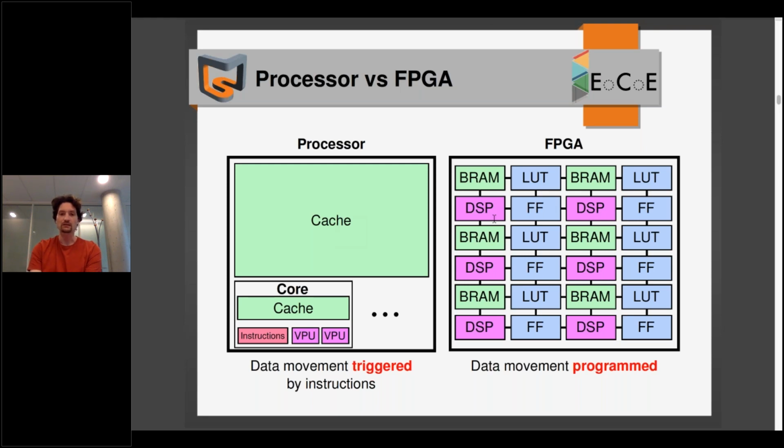Whereas on an FPGA, we have a very different architecture. As I said, no instructions anymore. We have DSPs, digital signal processing units, in purple here. They are similar to vector processing units, but much more versatile. Here you can do floating point operations, fixed point operations, integer operations with various precision.